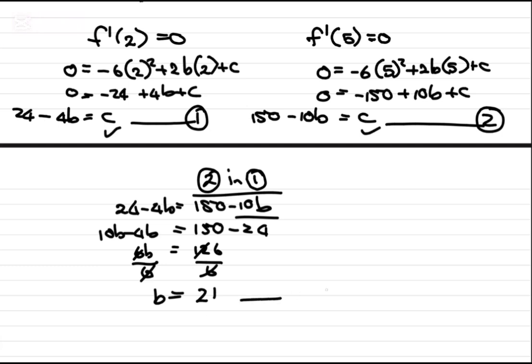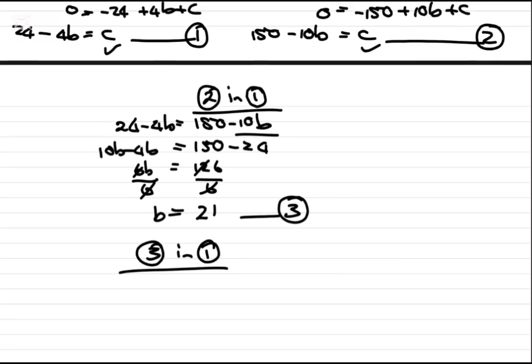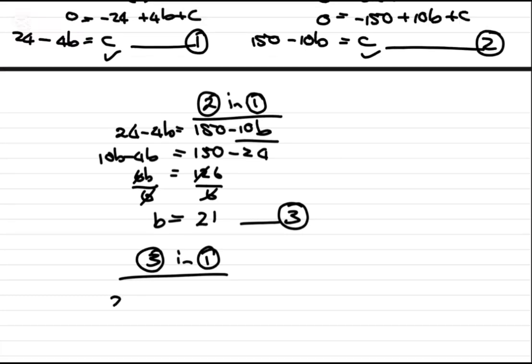And now we can find the c value because we've got b. So we're going to sub b in any of those equations. Let's just take the easier one. Let's just take equation 1. So we're going to sub that into equation 1. So 24 minus 4b equals c, but we know what b is, so let's just sub that back.